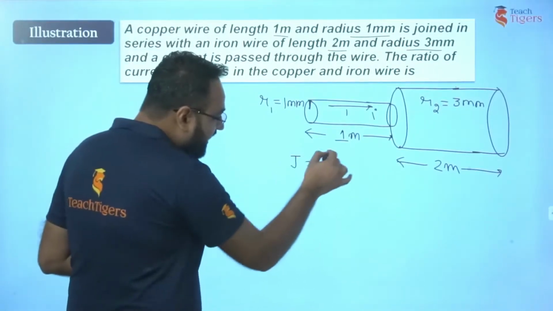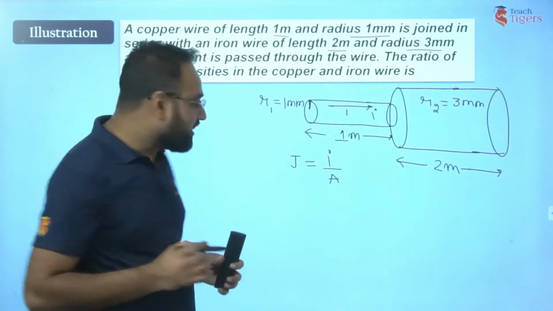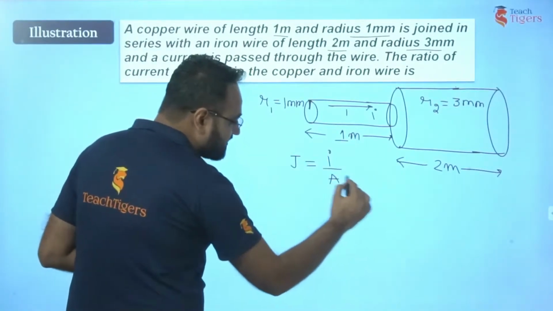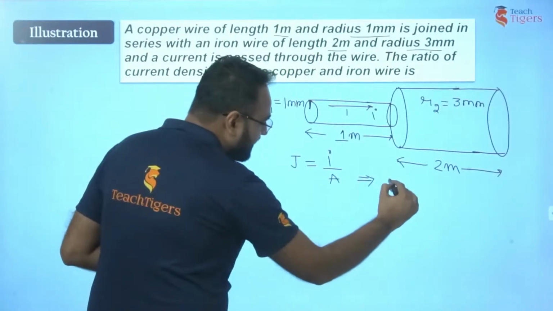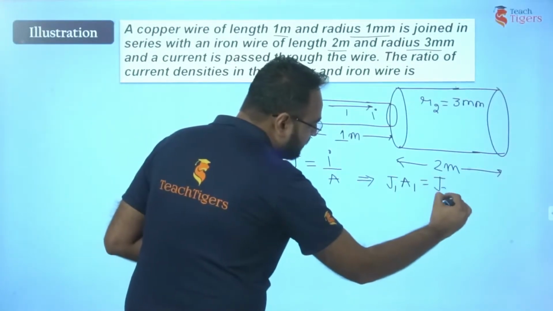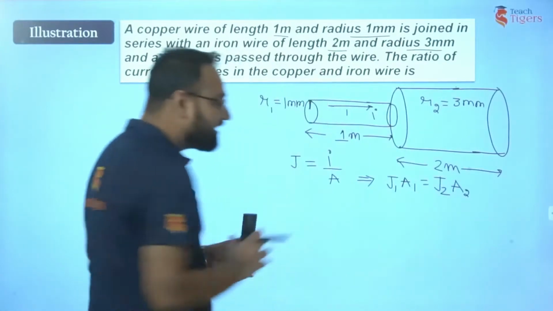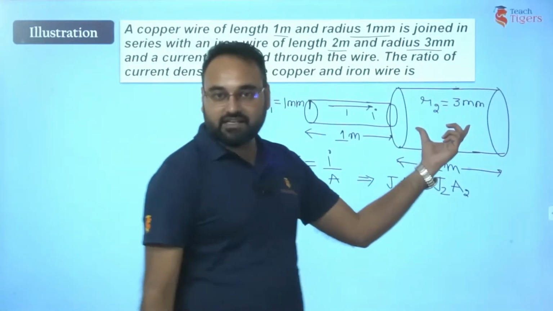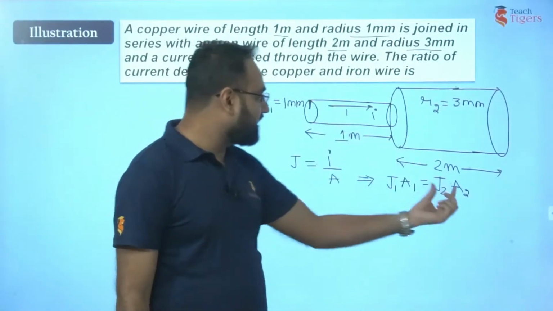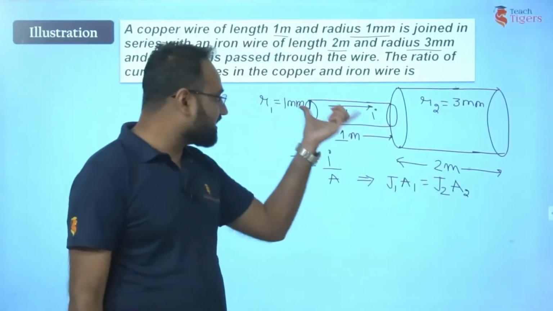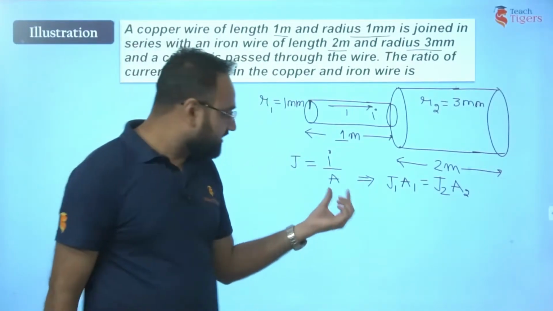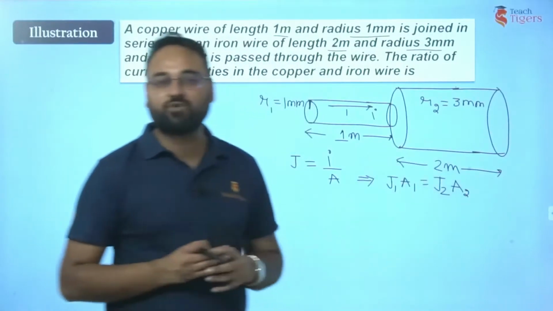So J is I by A. Therefore, we can say that this current is the same. So this implies J1A1 is equal to J2A2, where J1 is the current density in the first wire, J2 is the current density in this second wire, A1 is this area, and A2 is this area. Because the current is the same, JA is constant. Therefore, J1A1 is equal to J2A2.